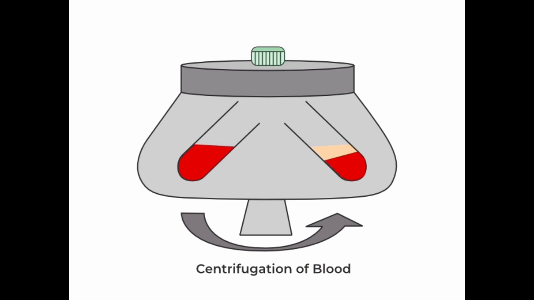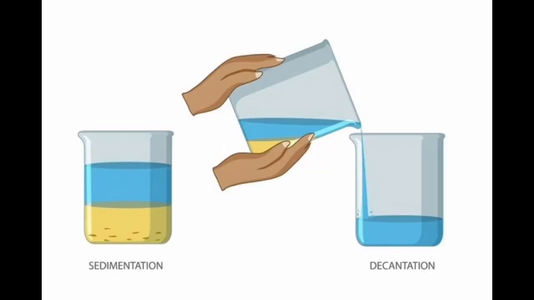The next one is decantation. Decantation is used to separate mixtures of immiscible liquids or a mixture of liquid and solid, such as a suspension. This mixture of liquid and solid is what I dealt with in centrifugation. But let me give you a perfect example of decantation.